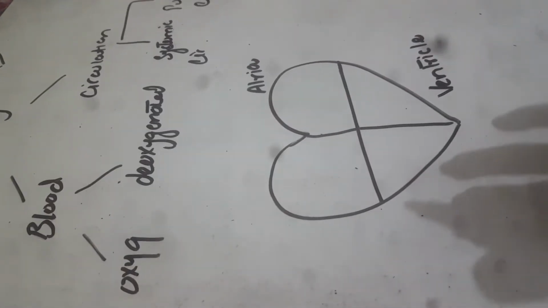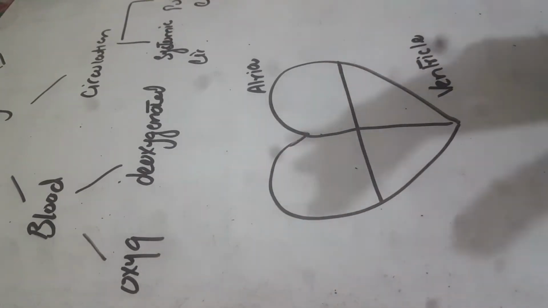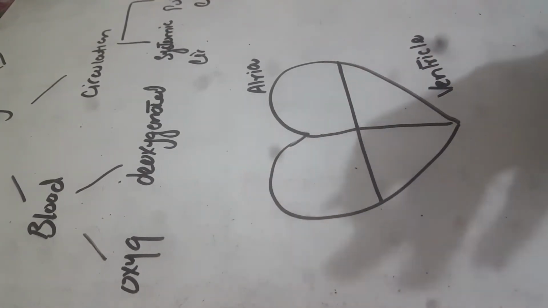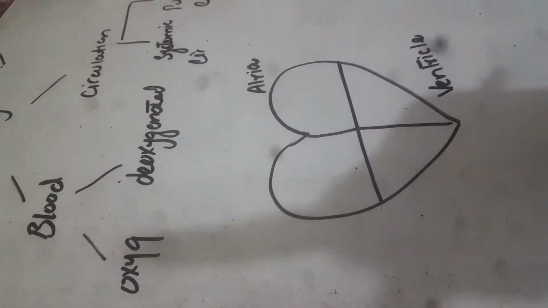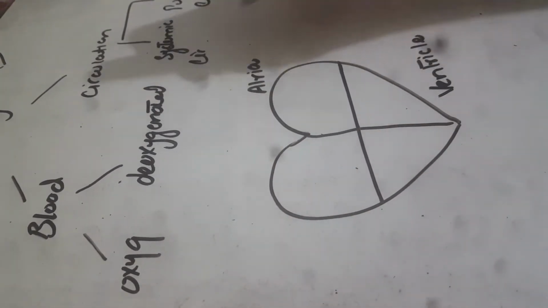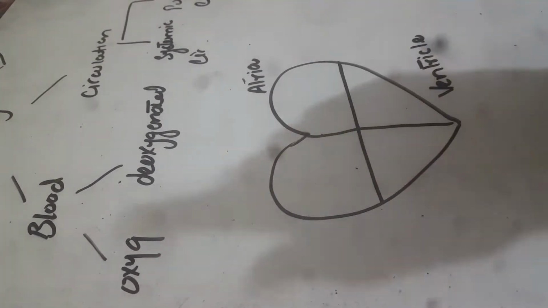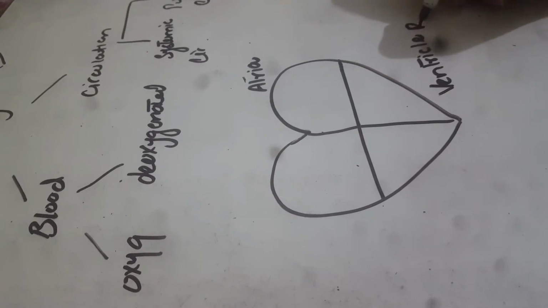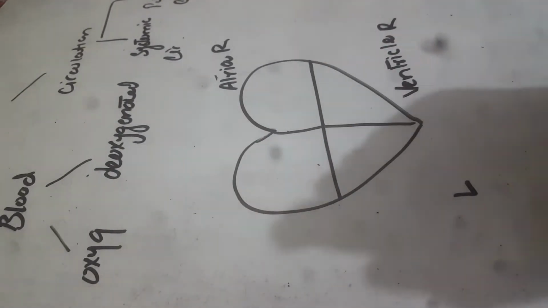You all should know this basic before stepping upward, or to know the general mechanisms of how the signals are transported, how the blood is pumped, which blood is pumped, and how the electrical signal comes when the parasympathetic or sympathetic acts. Before all this, you should know these basics. This is the atria, upper portion, and this is the ventricle. This is the right ventricle, and this is the left one.